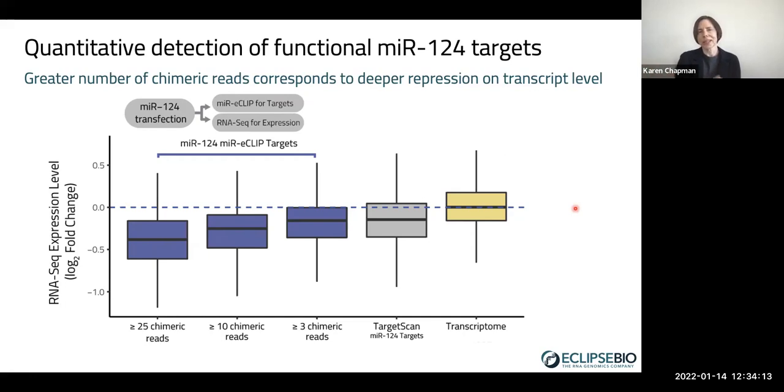So in addition to the precision of the mapping itself, I think this quantitative nature again gives greater insight into what's going on in the microRNA-mRNA interactome.